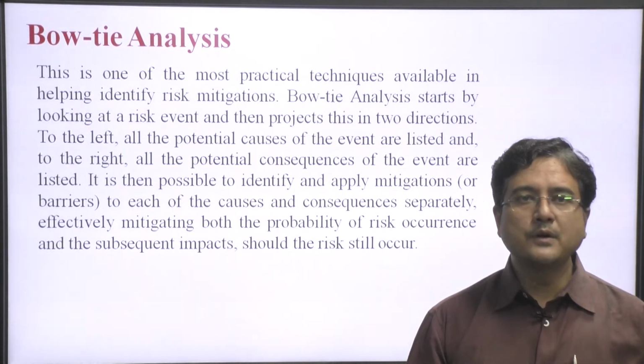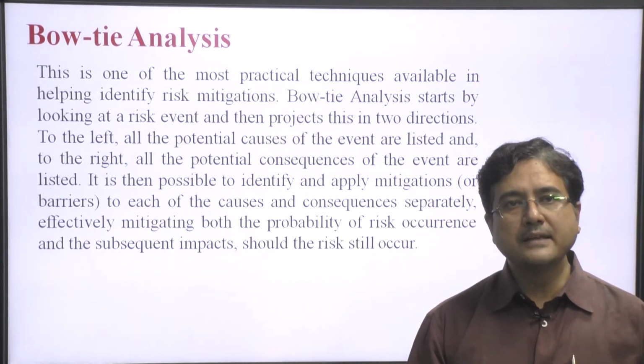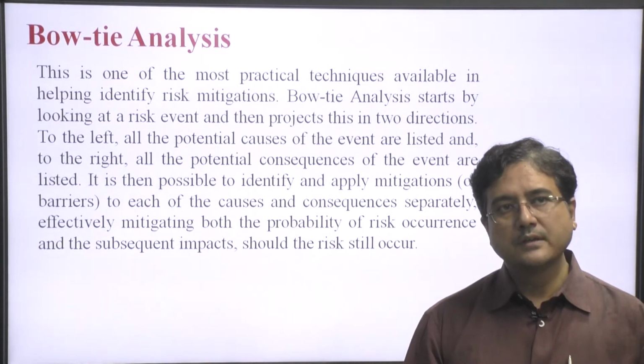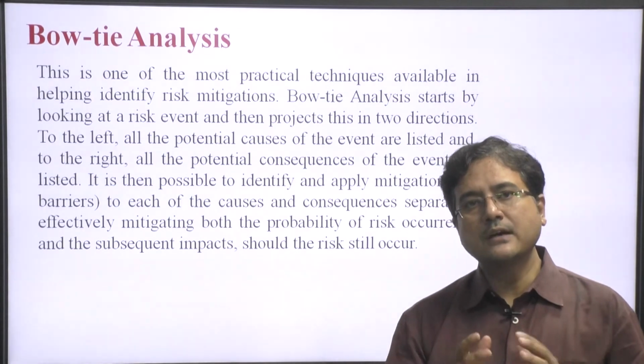It is then possible to identify and apply barriers to each of the causes and consequences, effectively mitigating both the probability of risk occurrence and the consequence impact if the risk still occurs.